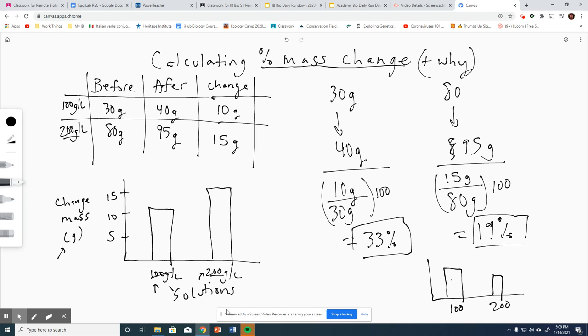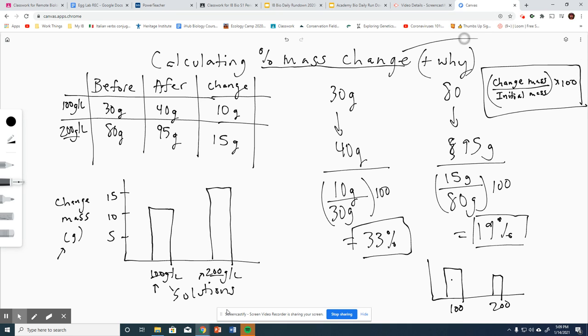So this is how you calculate it, right? So this is if you could follow along with that. So I'll just write it one more time here in the corner. So we have the change in mass divided by the initial mass, the before mass, and then you multiply that times 100, and that is how you get the percent change in mass.